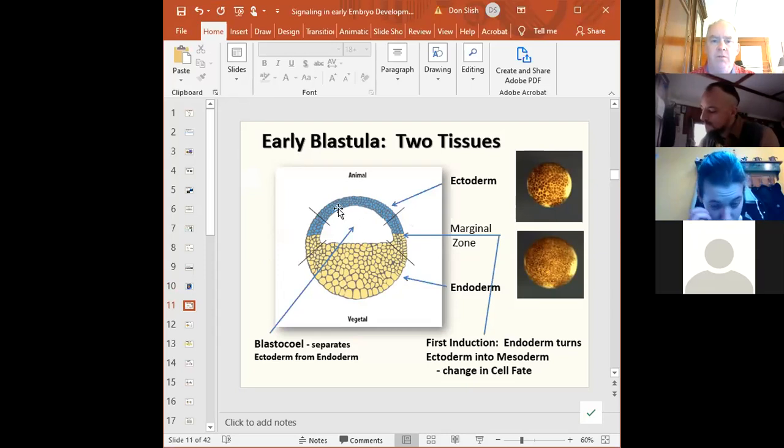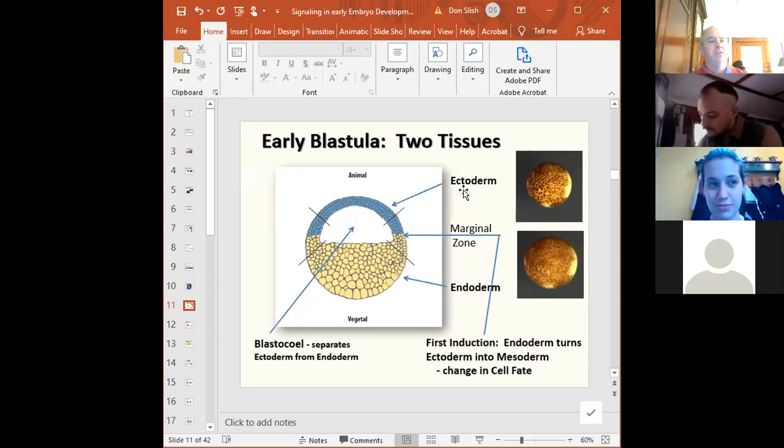Okay, so you've got ectoderm on top, endoderm on bottom. Now, ectoderm is fated to become either skin or nerve tissue. Fated means eventually this is what it's going to become, which means there are certain genes turned on in them or certain messenger RNAs in there that have already pushed them a little farther down that differentiation pathway, so now they have to go forward from here.